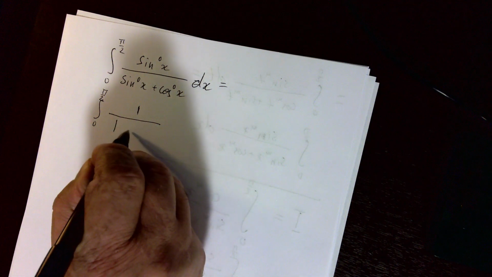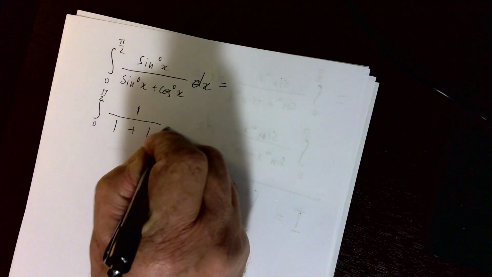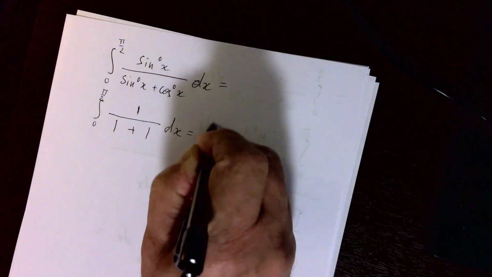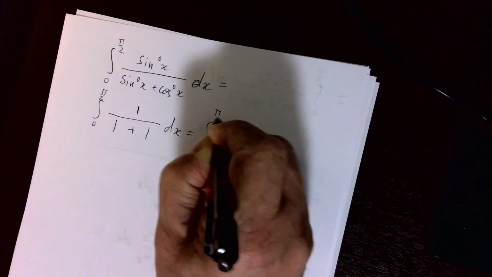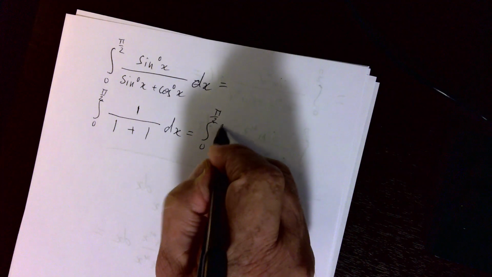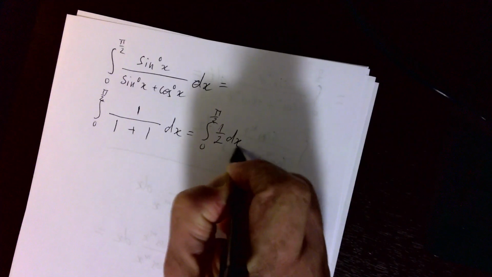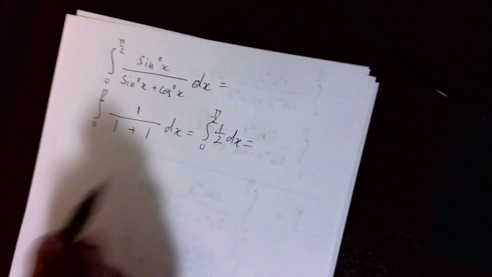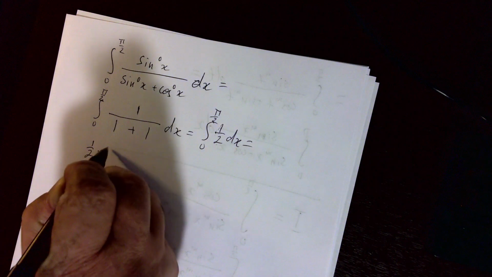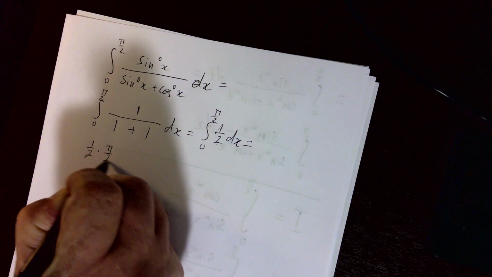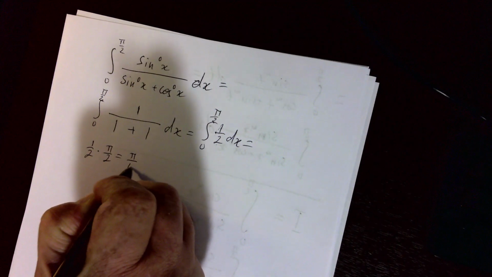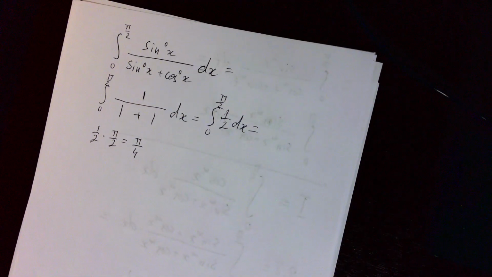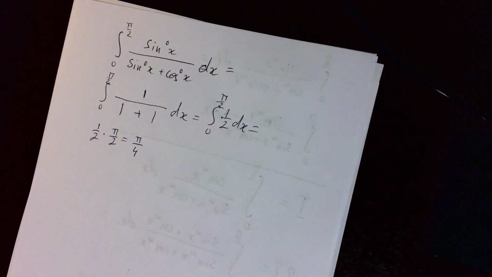So we have 1 over 1 plus 1. The integral from 0 to pi over 2 of 1/2 dx is done the same way as we did with 1. Instead of 1, we have 1/2 times pi over 2, which is pi over 4. And number m may be even negative, the same result, absolutely the same result.